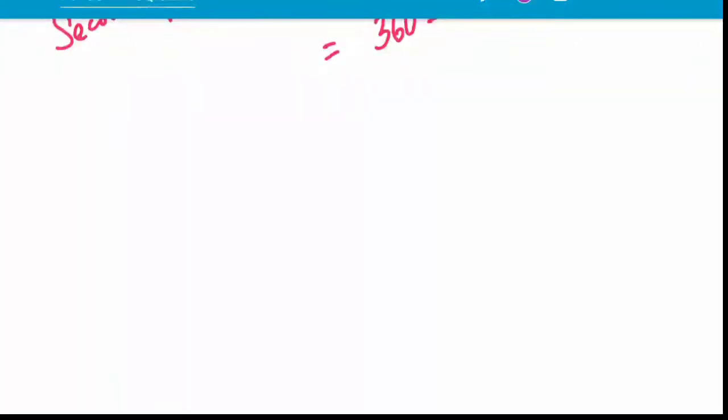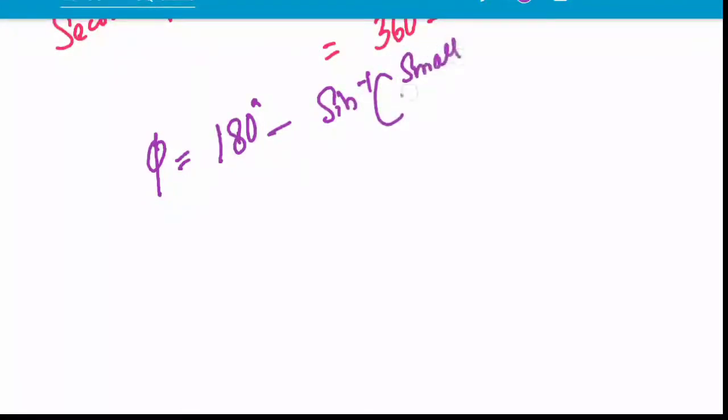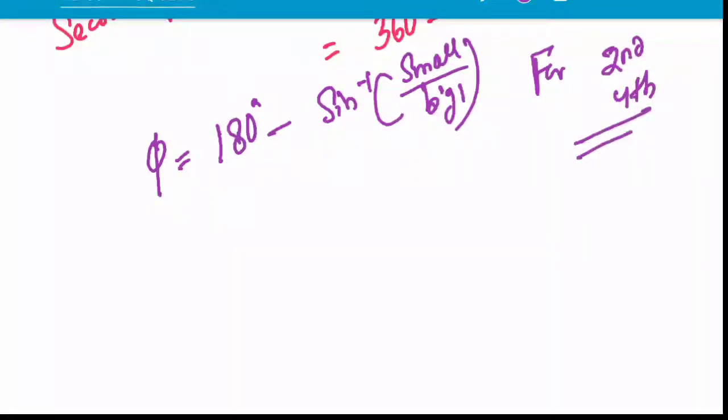For the second and fourth quadrant, phi is equal to 180 degrees minus sine inverse of small by big intersection. So for the second and fourth quadrant, this is the formula.